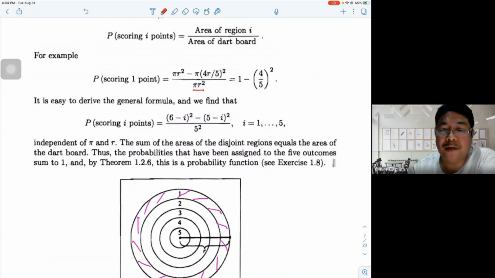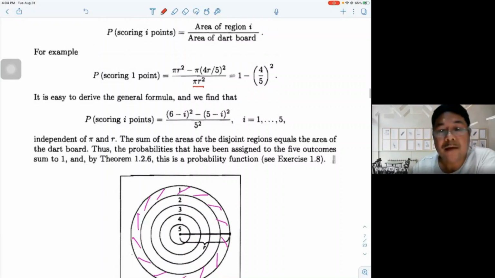First, we're going to consider the area of the whole circle, this pi r squared, and then minus the area of the circle containing regions 2, 3, 4, and 5. The radius of that circle is equal to 4r over 5.